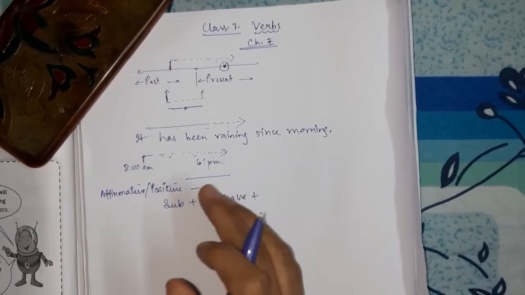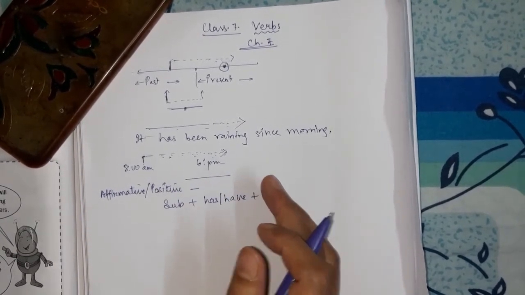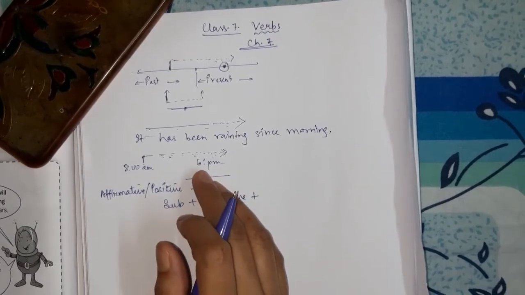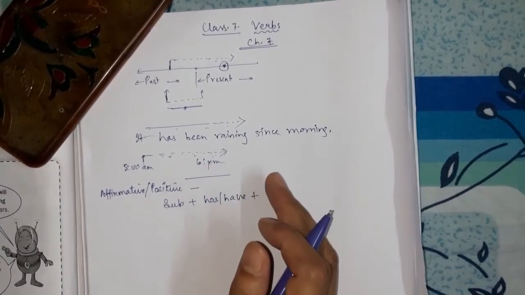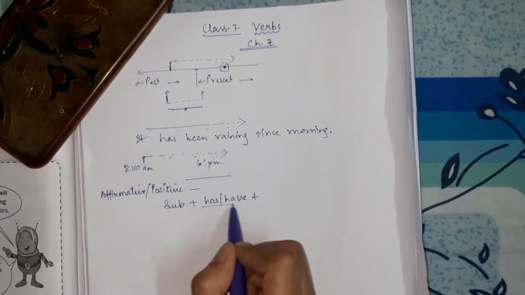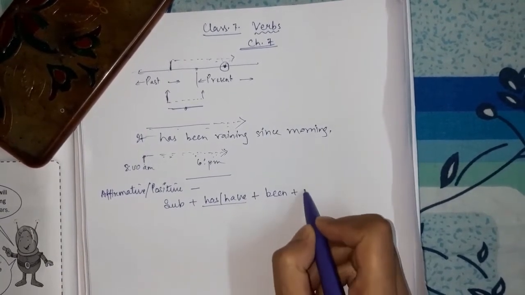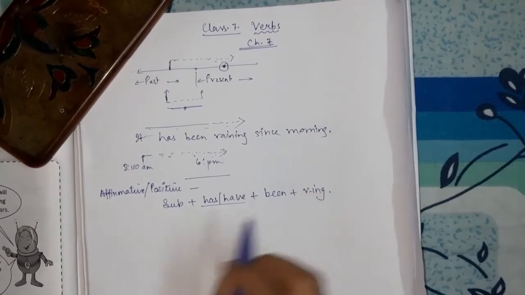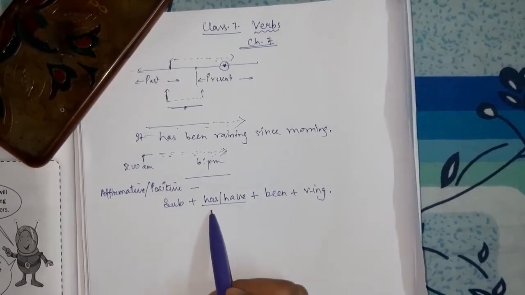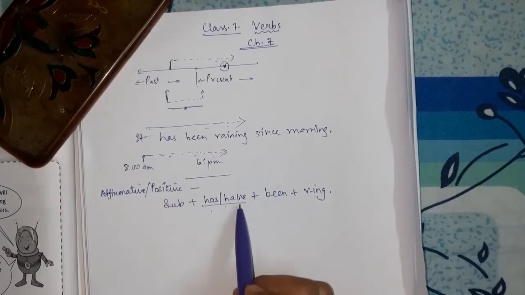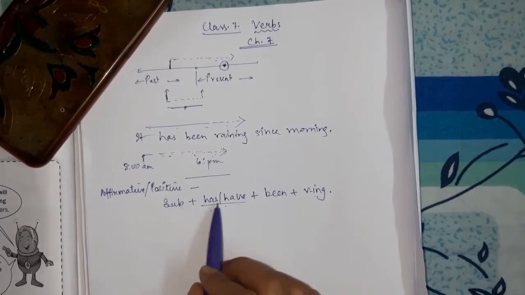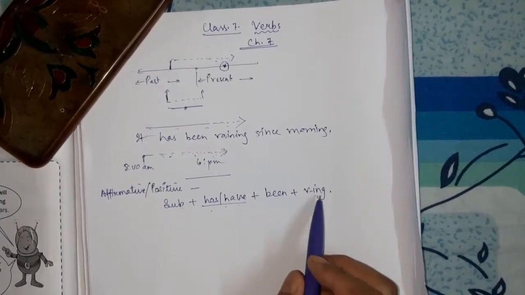As it is present perfect continuous, it is a mixture of perfect tense and continuous tense, means ing will come, and to show perfect, has and have will come, then been, then verb in ing form. So: subject plus has/have plus been plus verb in ing form.